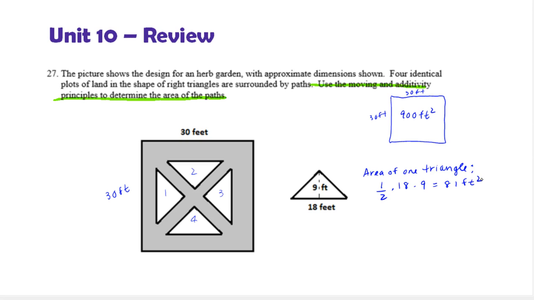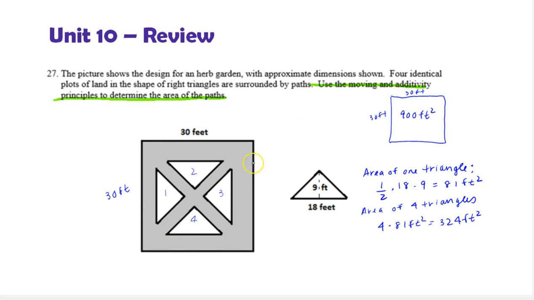Okay. Well, now we have 4 of those. So area of 4 triangles would be 4 times the 81 square feet. And that would be 324 square feet. Okay.